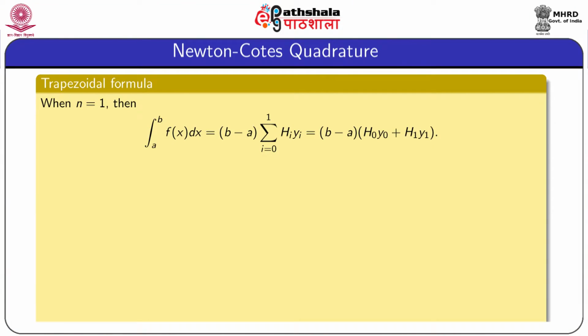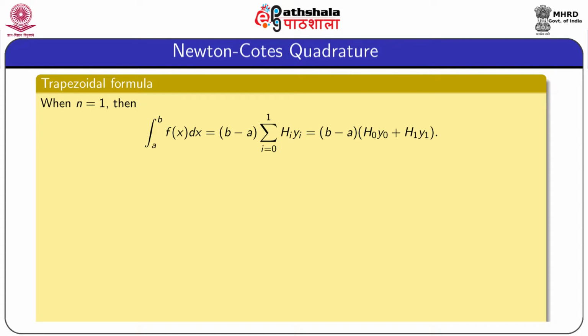For example, when n equal to 1 we obtain a formula known as the trapezoidal formula. When n equal to 2 we obtain another quadrature formula called Simpson's one-third formula, and so on. Now we discuss different types of Newton-Cotes quadrature formula for different values of n.